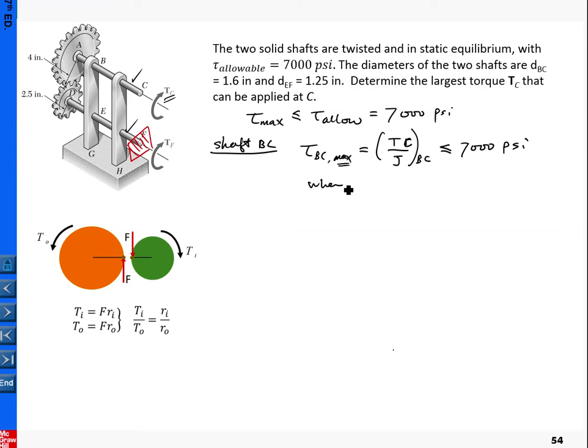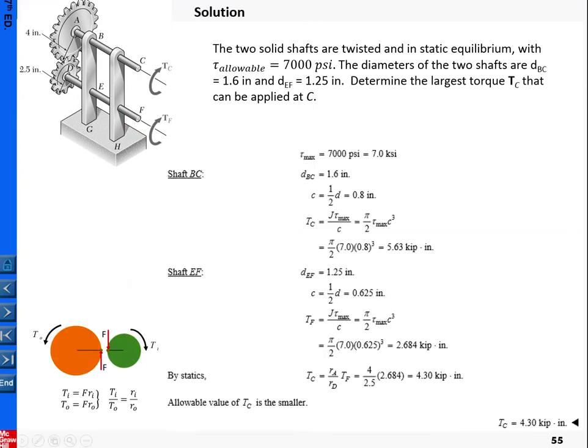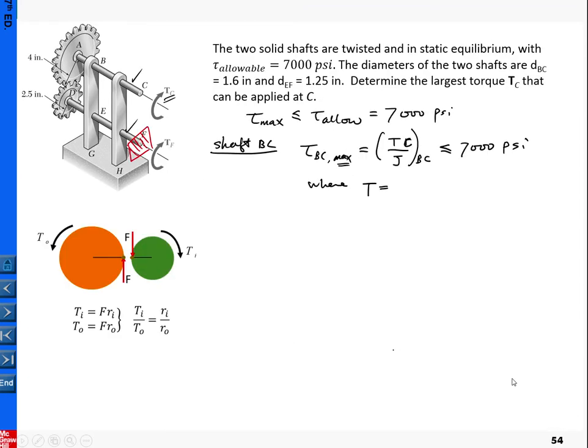So here we have information. Right now I try to extract the individual terms for shaft BC. T for shaft BC is our input torque here, and C is our radius.